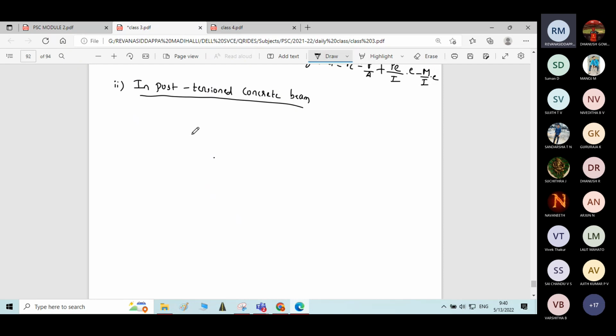In that process, if the cables are stretched simultaneously in a post-tensioned concrete beam, there is no loss, since the applied stress is recorded after the elastic shortening has completely occurred.